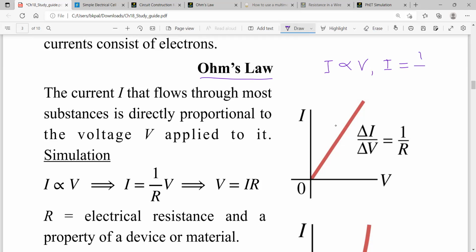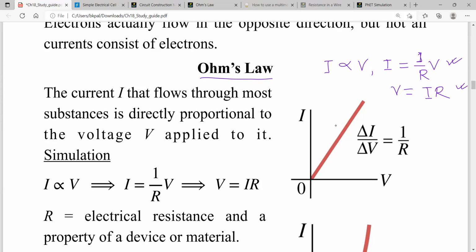So here the proportionality constant is 1 over R. If I simplify this equation a little bit, I will get V equal to IR. So this one or this one, both are Ohm's law.